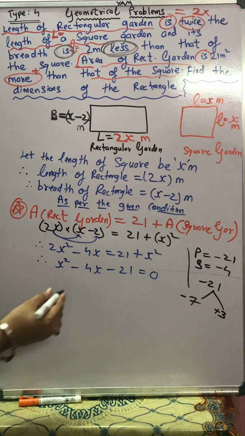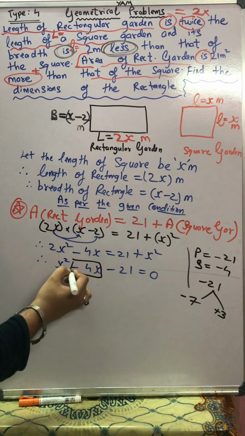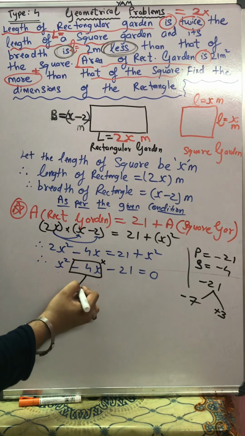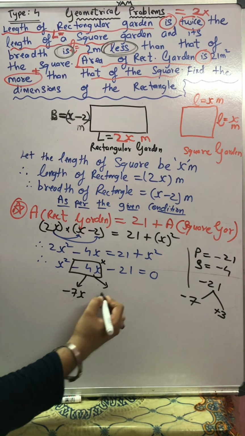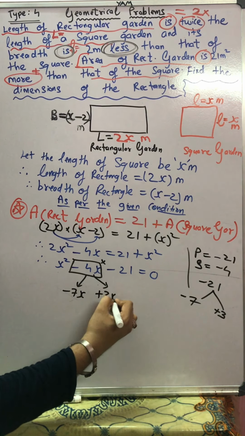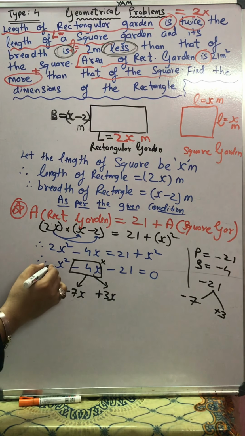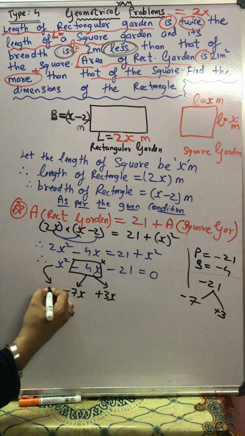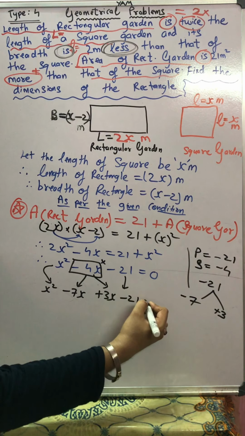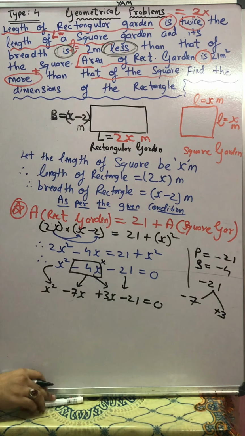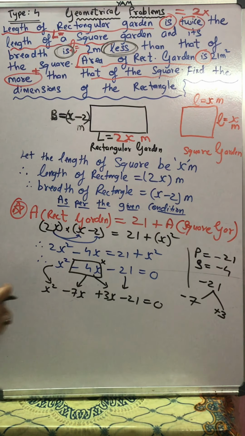Yes. Now I will split up the middle term. Instead of the middle term, I will write minus 7x and plus 3x. Remaining everything I will write the same: x square, and minus 21 only, equal to 0. Great. Now it's just a matter of solving this.